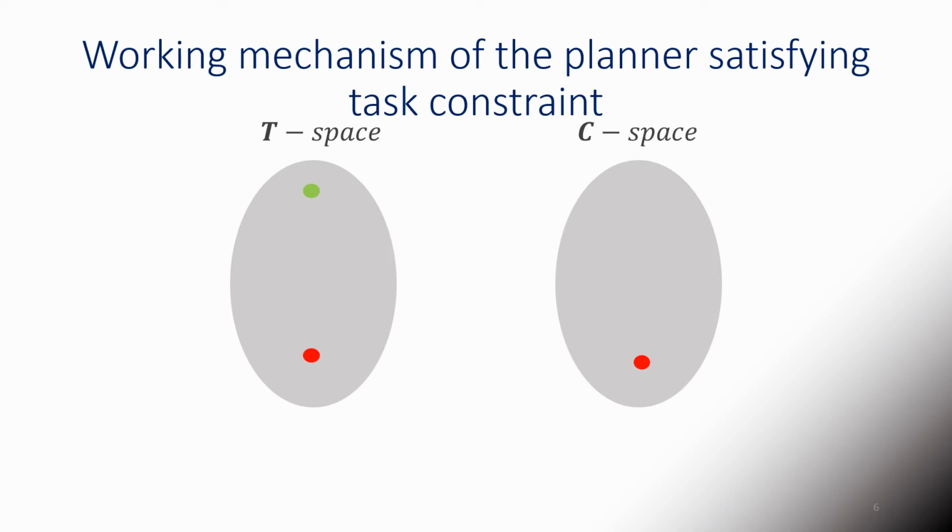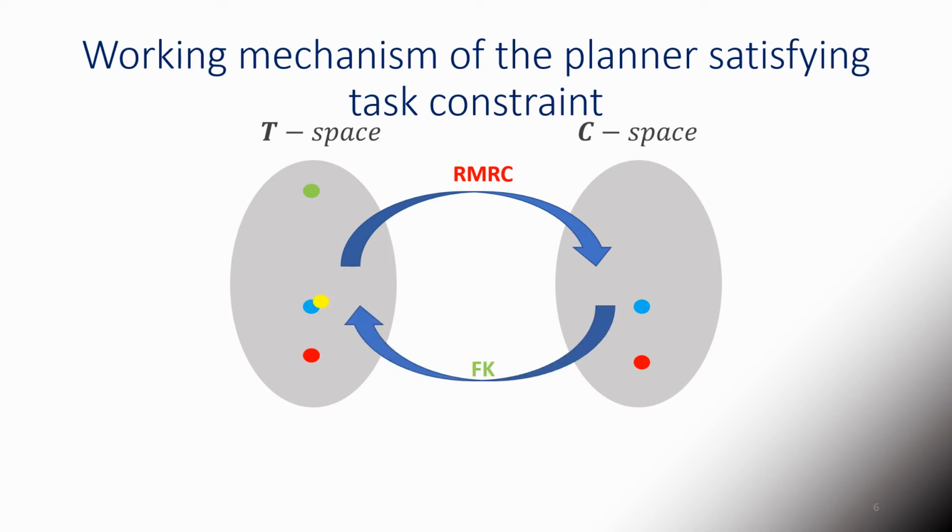Next, using screw linear interpolation, we compute an intermediate task space pose as the blue circle here. And applying the resolved rate motion control technique, we get the corresponding joint space angle vector, which is the blue circle in the C-space region. Then we solve forward kinematics to get the actual end effector pose in task space, as represented by the yellow circle.